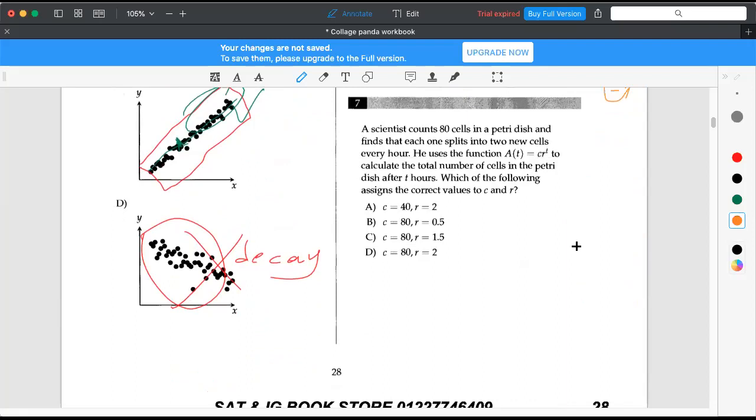Let's try to get C. Someone said D. Okay. I'm waiting for the others.